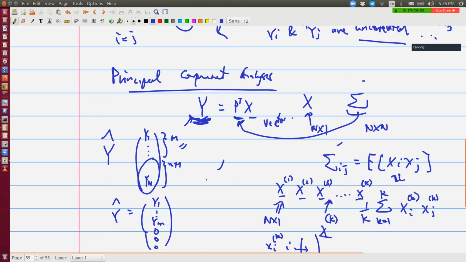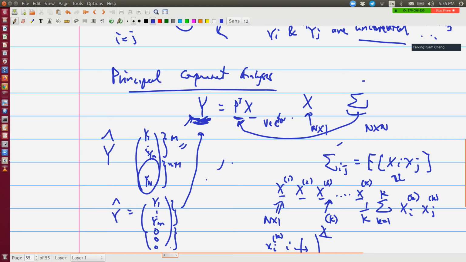Y1 until ym is the same as the original y? Yes, here. And the rest I set to 0. To 0? Okay, what for? Just to reduce the dimension.